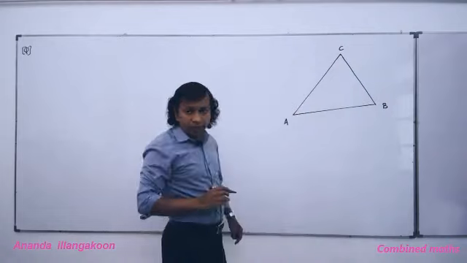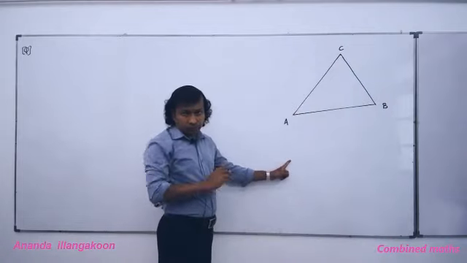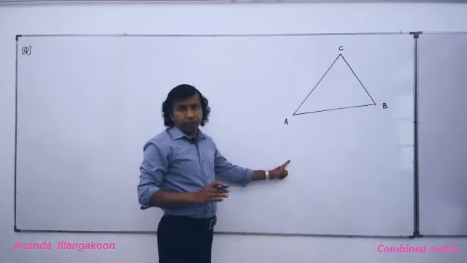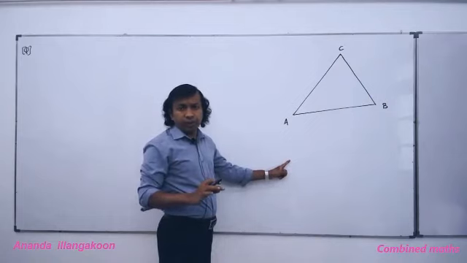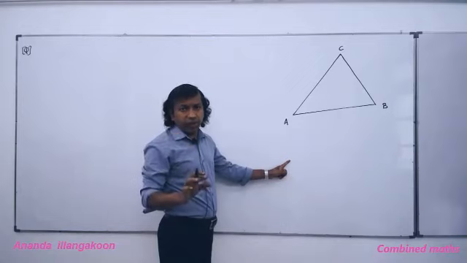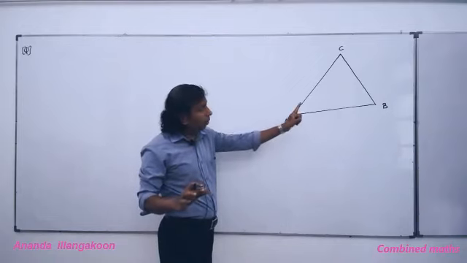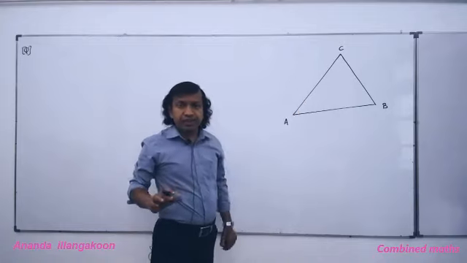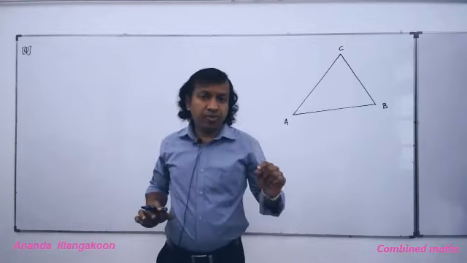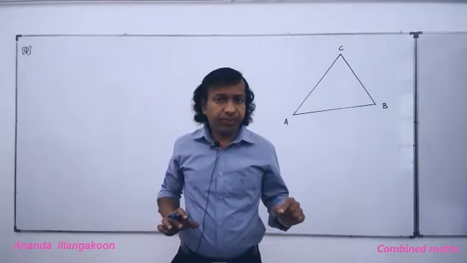Now suppose somewhere on this board we have the vector origin O. Related to that vector origin O, I am going to take the position vectors of the points A, B, and C as simply vector a, vector b, and vector c.